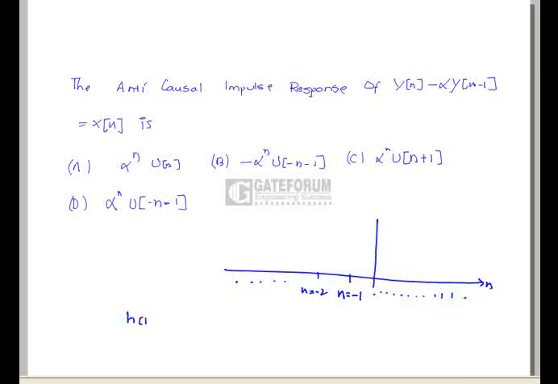That means h of n equals 0 for n greater than or equal to 0, and h of n is not equal to 0 for n less than or equal to minus 1.